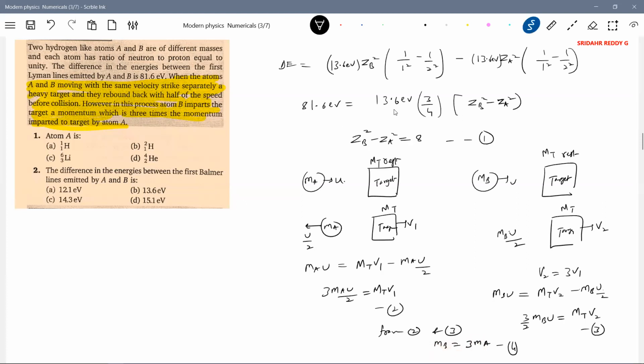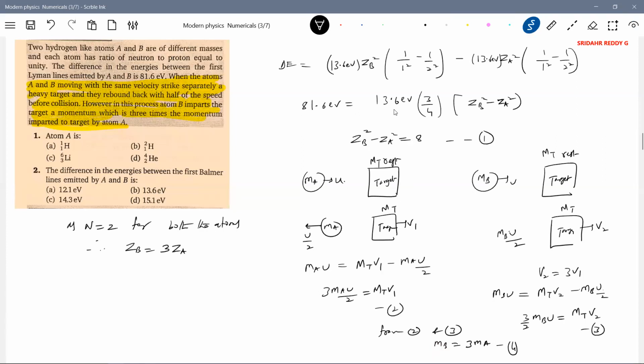Since the number of neutrons n equal to z for both the atoms, therefore we can write ZB is equal to 3 times ZA. Am I right?